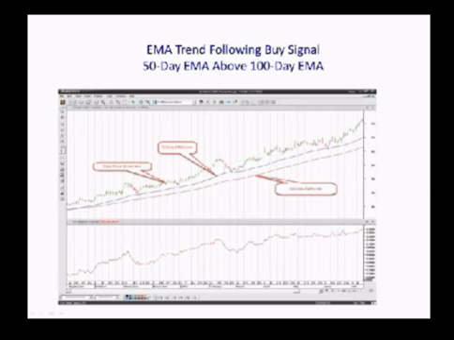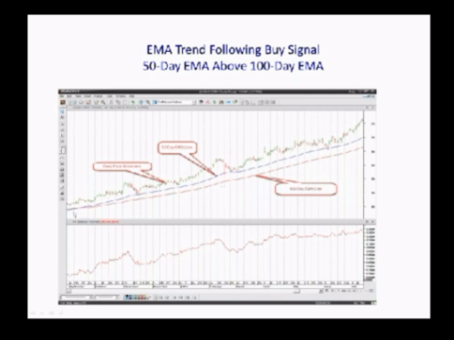So let's look at an example of a buy signal with the EMA system, and this is a daily price chart for Cigna, the insurance company, and these red and green vertical lines are the daily price movement of Cigna stock, and the blue line right here is the 50-day exponential moving average, and the red line is the 100-day exponential moving average.